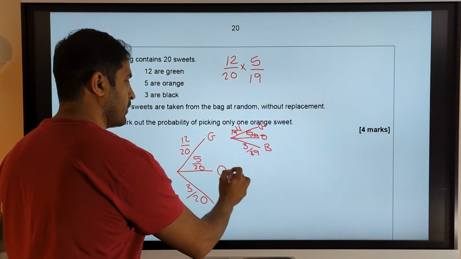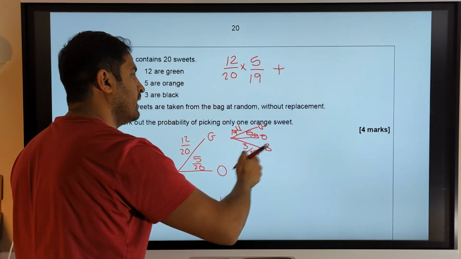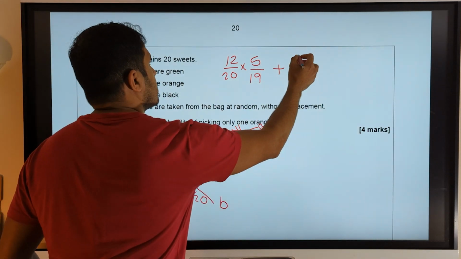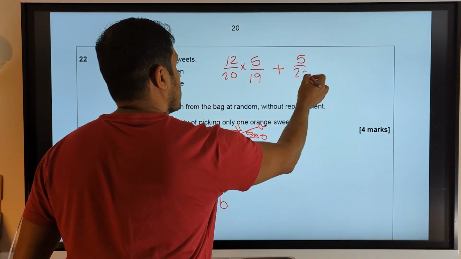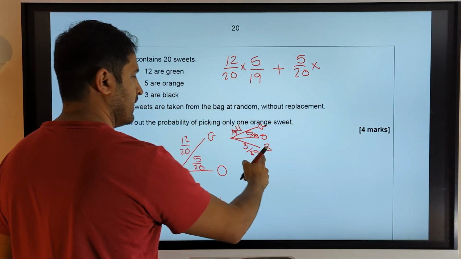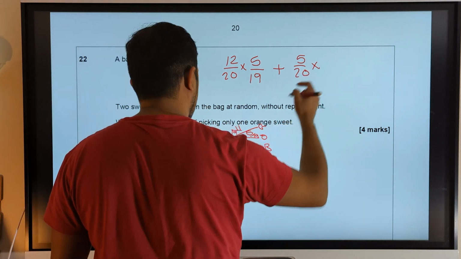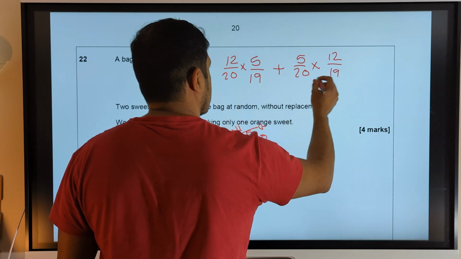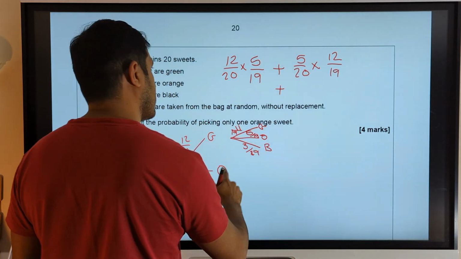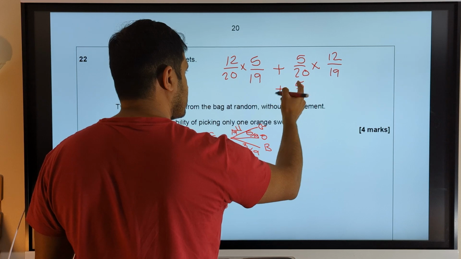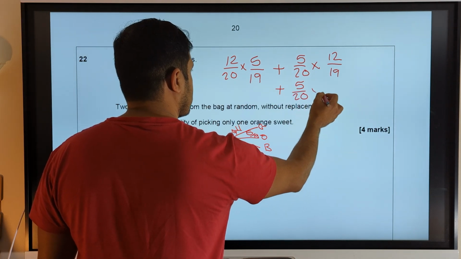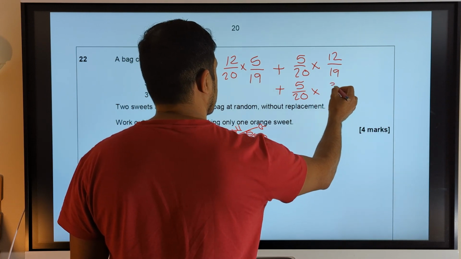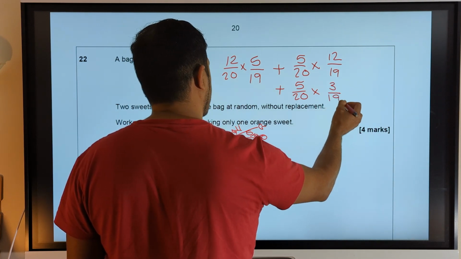Then you go on to this one. We can pick the 1 orange sweet if you do orange in the first go, which is 5 out of 20, multiplied by the green in the second go, which would be 12 out of 19. Plus, you can have the first 5 20ths multiplied by the black in the second go, which would be 3 out of 19.